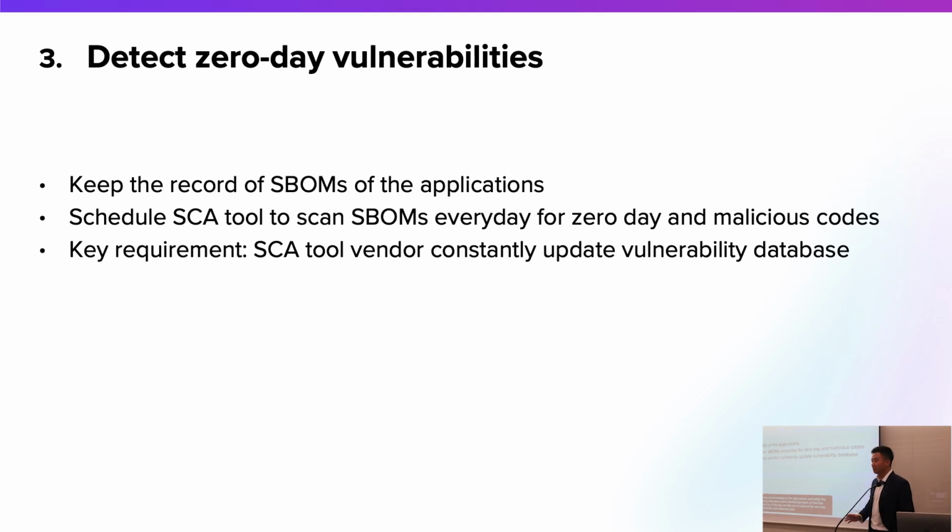Of course, the key requirement is that this SCA tool must be very focused on open source research. For Sonatype, we have up to 100 research people. First we use AI to capture all the open source data out in the public repositories. For instance, on NPM today there are uploads of 10,000 new JavaScript packages. We use AI to capture all this information.